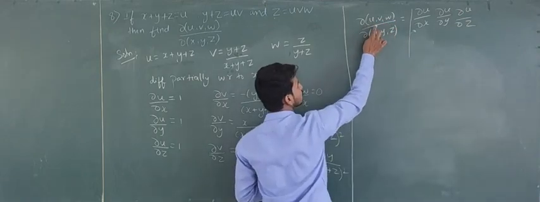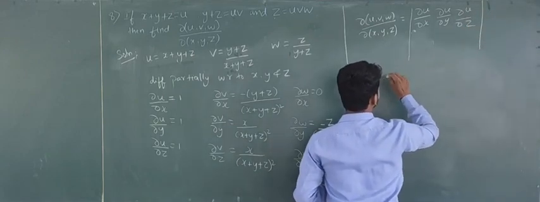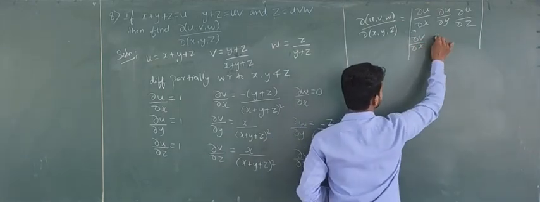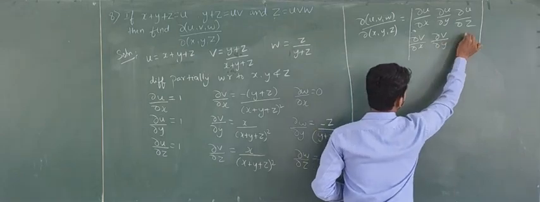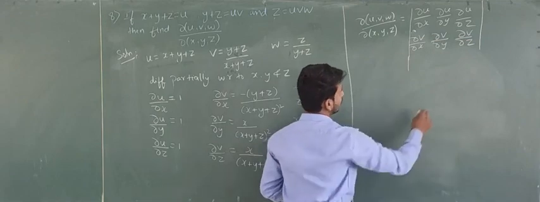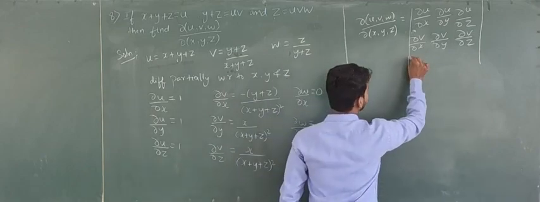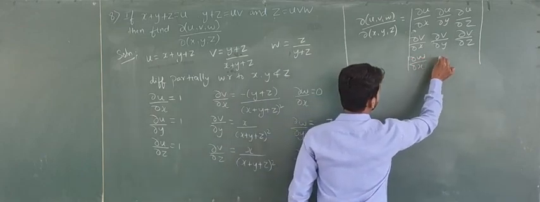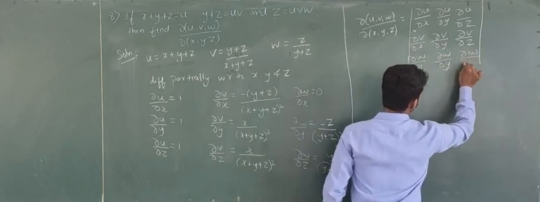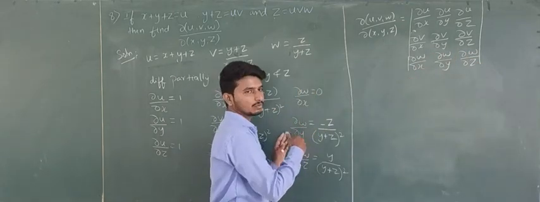Next, dou v by dou x, dou v by dou y, dou v by dou z. Next, dou w by dou x, dou w by dou y, and dou w by dou z. This is the Jacobian form we can write in the determinant form.